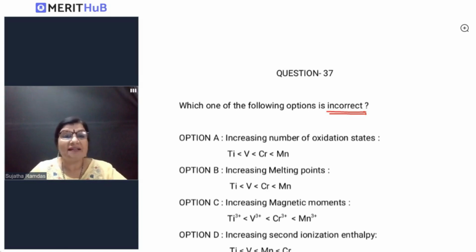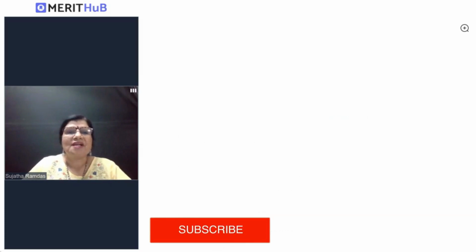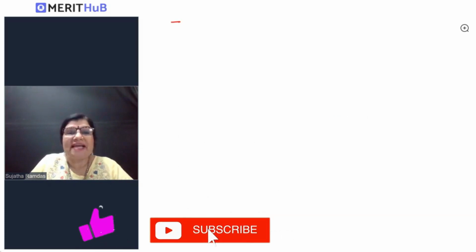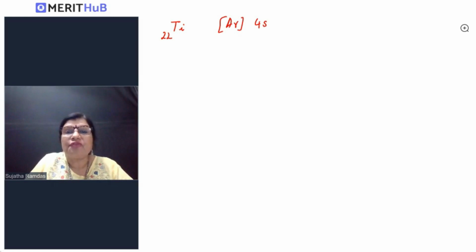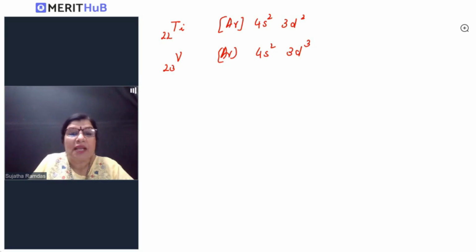So before we start discussing and analyzing the 4 given options, let's write down the configurations of these 4 elements. The first element being titanium, atomic number 22, configuration argon 4s2, 3d2. Then we have vanadium 23, argon 4s2, 3d3.